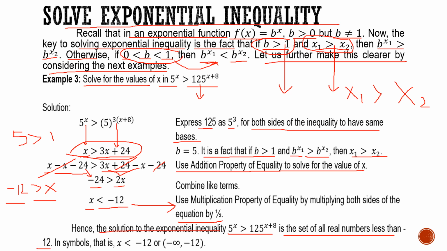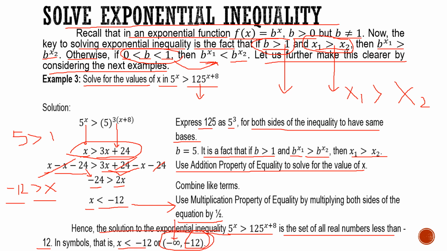Meaning to say, the value of your x here is less than -12, so it will start from -12. So there's a limit here. Less than -12, so it can be -12.25, -12.5, as long as it is less than -12, up to negative infinity here.